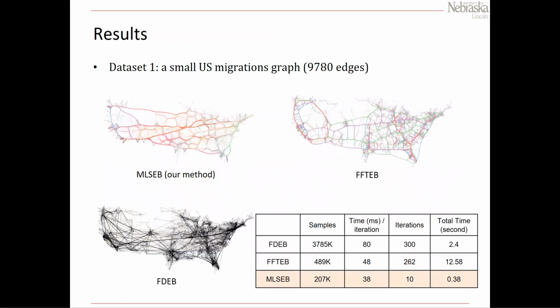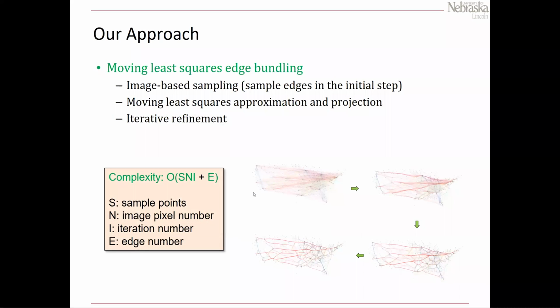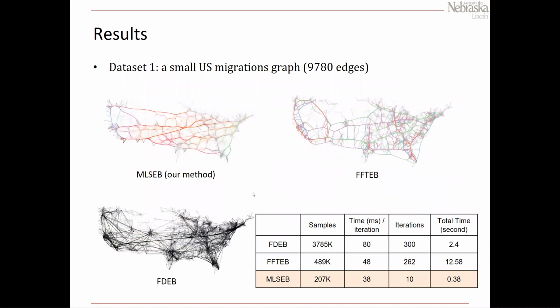So this is our result using the moving least square based method. The first data set is a small US migration graph. Here we use three algorithms: moving least square, our method, fast Fourier transform edge bundling, and force-directed edge bundling. This table shows the total time and sampling points involved in each algorithm.